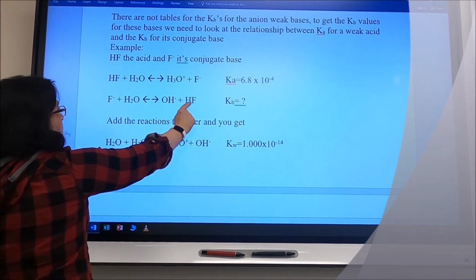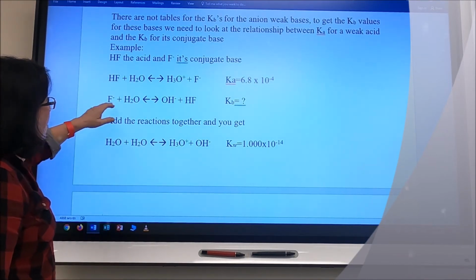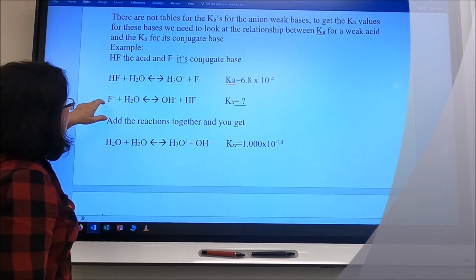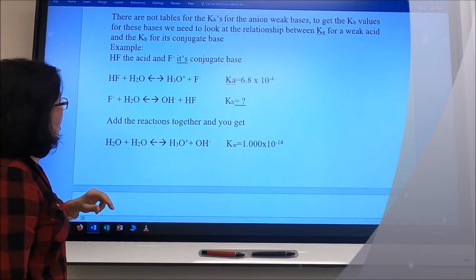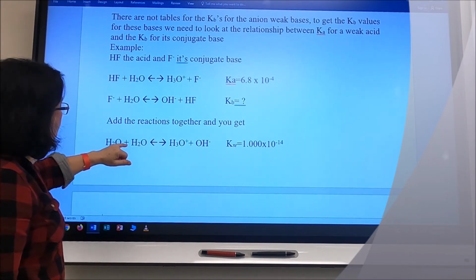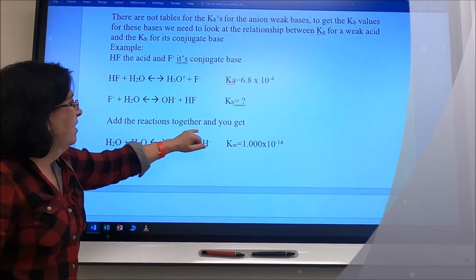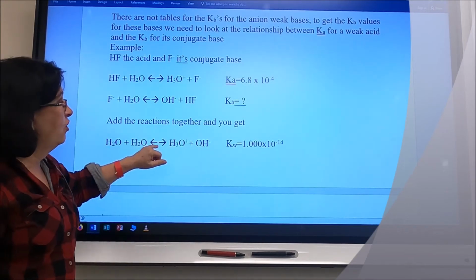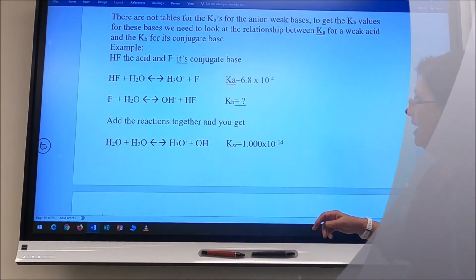If you add those two reactions together, the fluoride ion cancels out, and the HF and the HF cancel out, and you get water plus water gives me hydronium ions and hydroxide ions. This is the auto-ionization reaction of water, and it has a Kw of 1 times 10 to the minus 14.